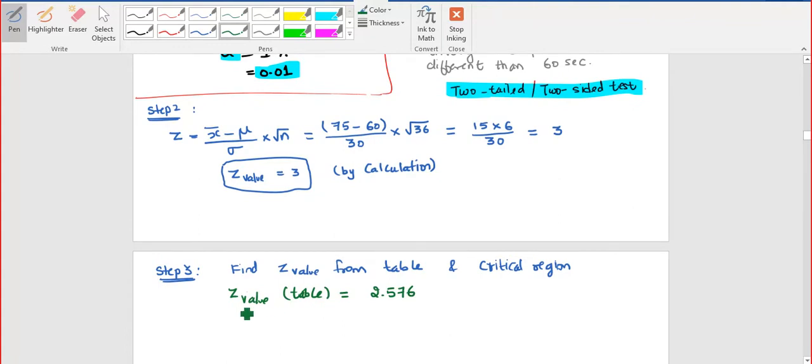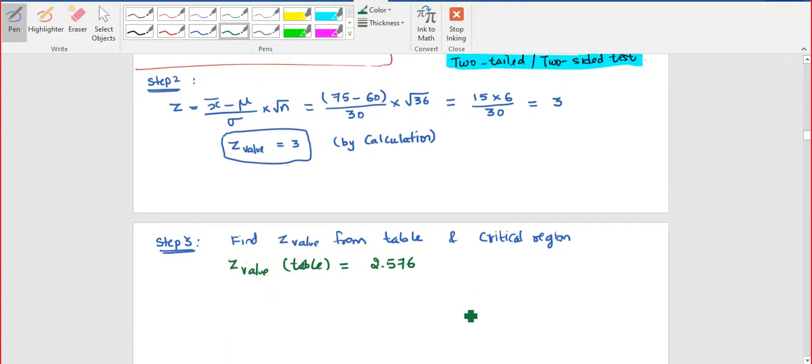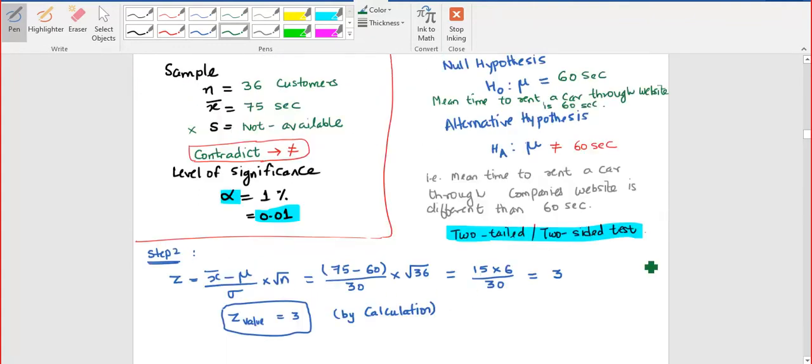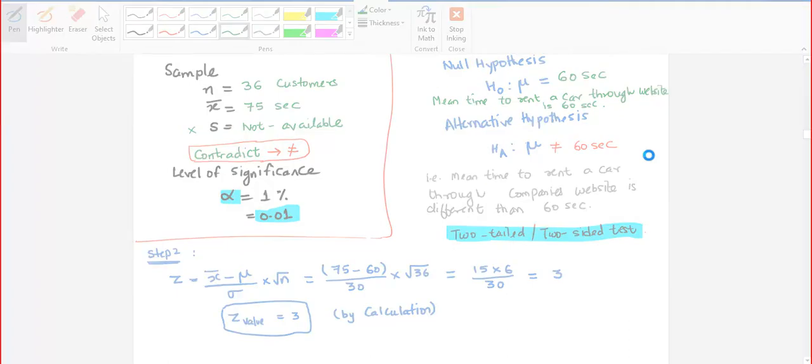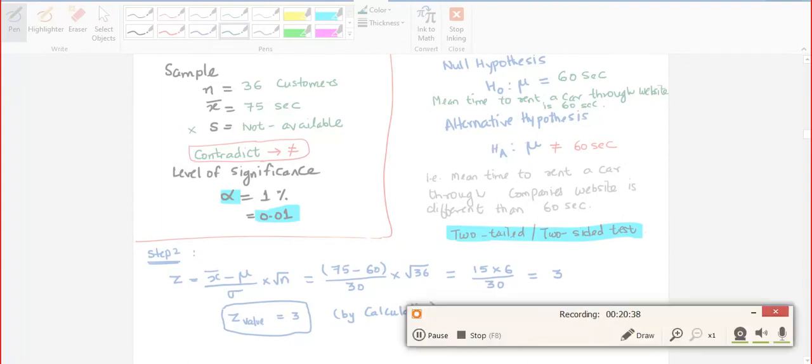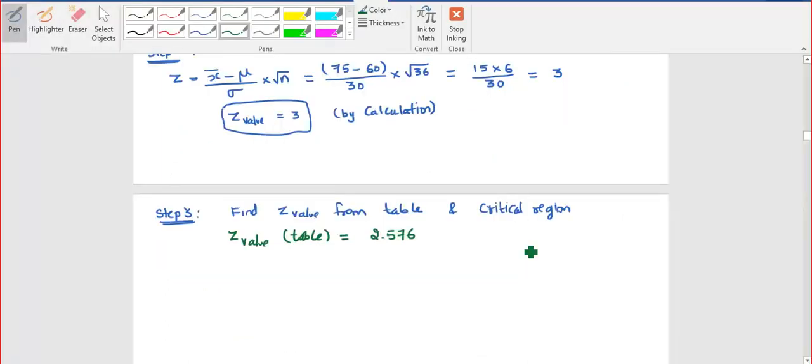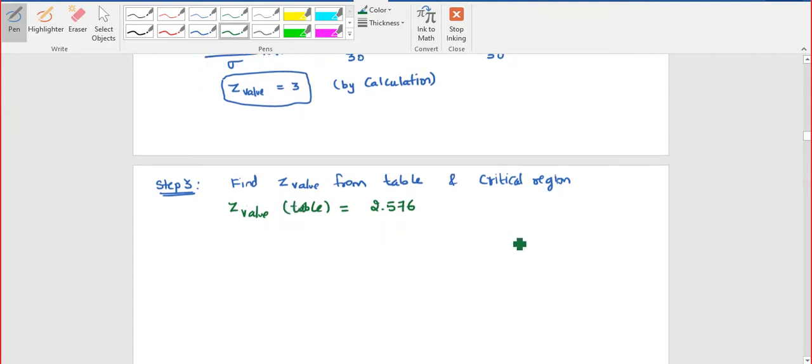Now this is the Z value from the table. After getting the Z value from the table, we will identify the critical region. To identify the critical region, we will make use of this tabulated value.